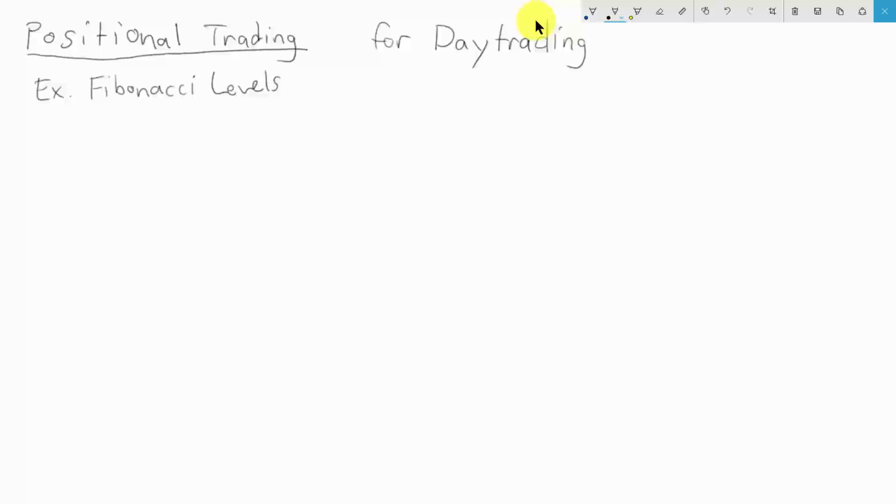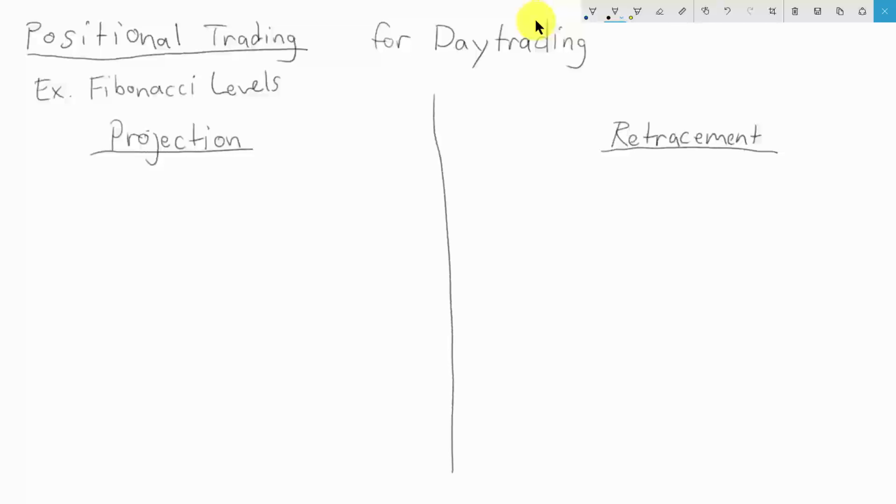Usually this falls in the camp of the day time frame of projection. That's usually for a continuation, and also retracement. I apologize in advance for my handwriting because I type and never write.